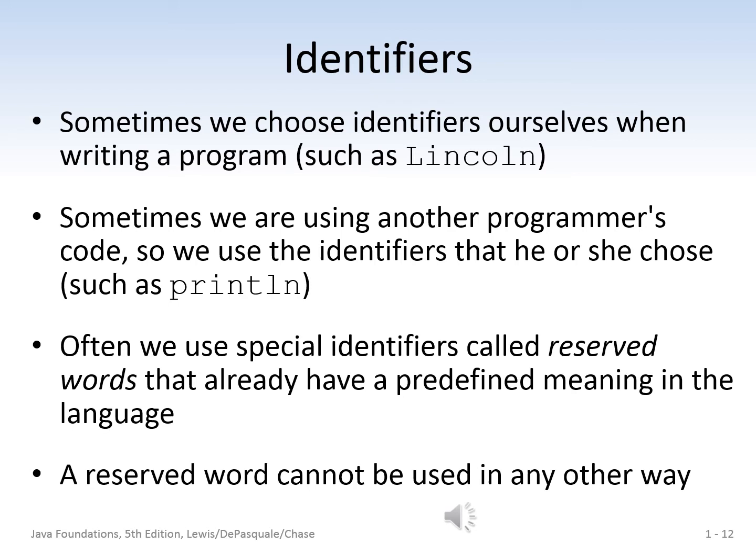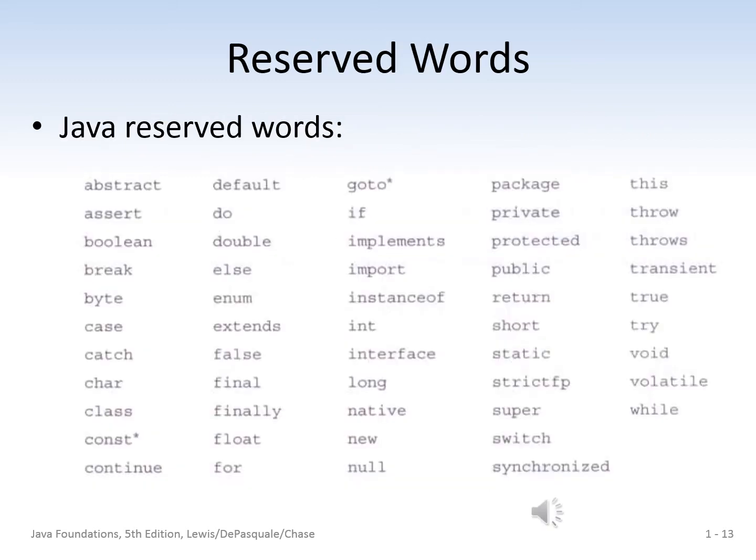A reserved word cannot be used in any other way. You cannot reuse a reserved word. The slide contains a list of Java reserved words that have to be used exactly as stated on this slide, and that cannot be redefined or reused in any other way.